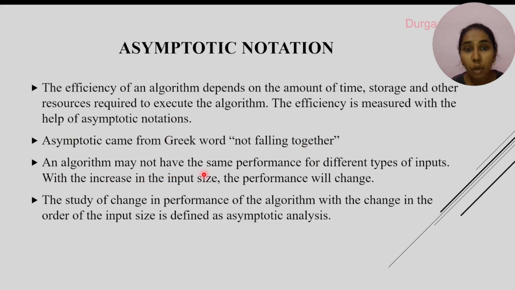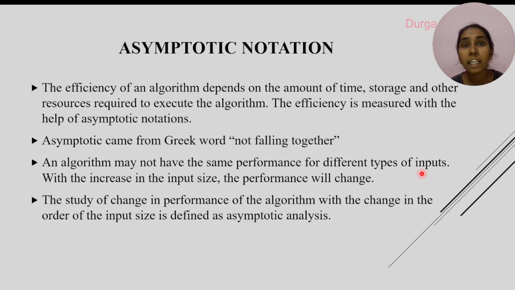An algorithm may not have the same performance for different types of inputs. The performance may decrease or increase depending upon the input size. For example, I am performing a sorting operation. If the array contains 5 elements, assume it will take 1 second.